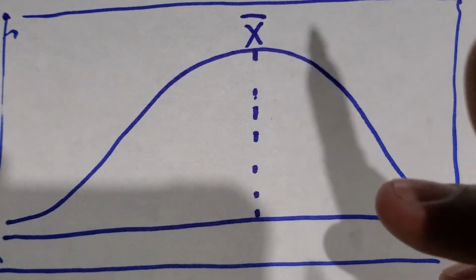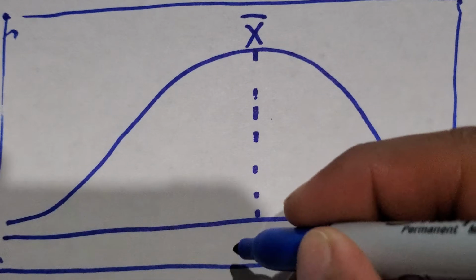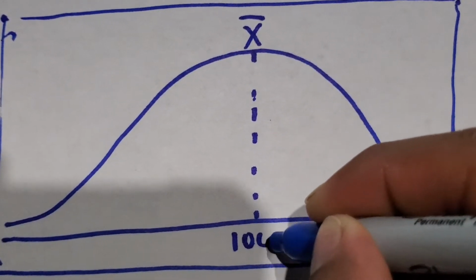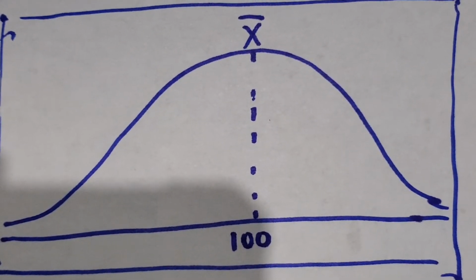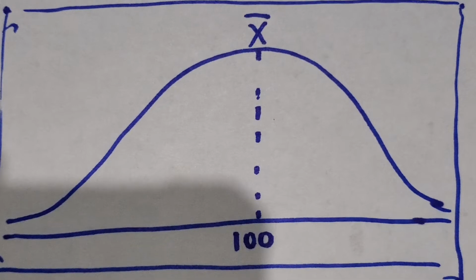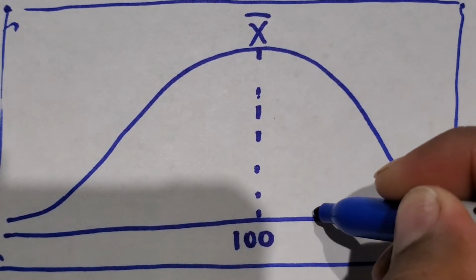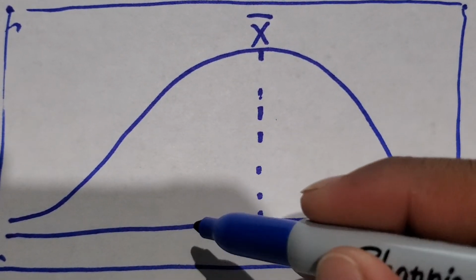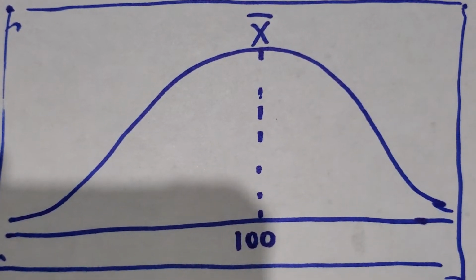And we know what the mean is. This said that the mean of IQ scores is 100. And we know the standard deviation is 15. So if I'm going to do one standard deviation, that means I need to add one standard deviation above and subtract one standard deviation below.